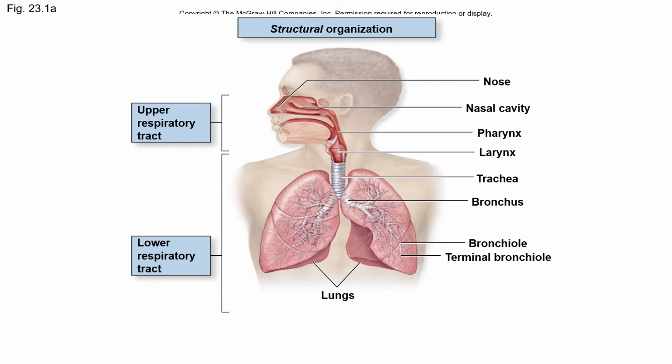The lower respiratory tract is all a bunch of tubular organs that exist in a branching fashion, whereas the upper respiratory tract is more a series of open passageways that air simply passes through.